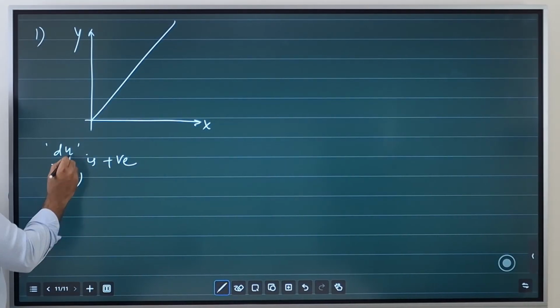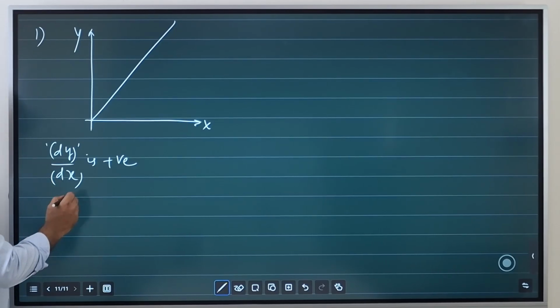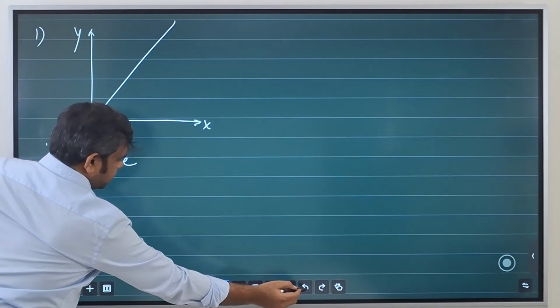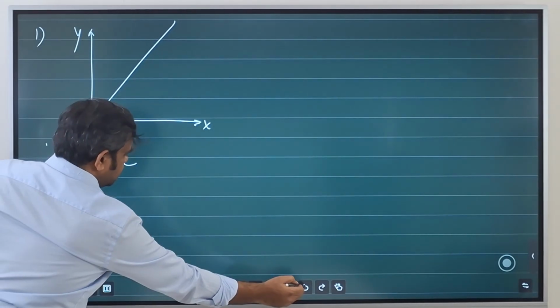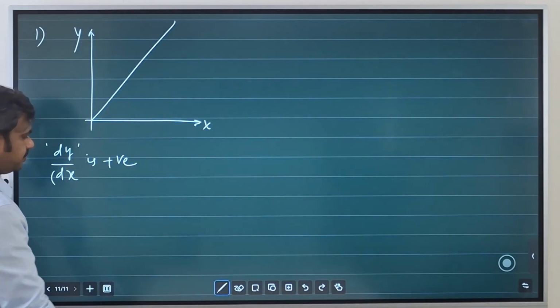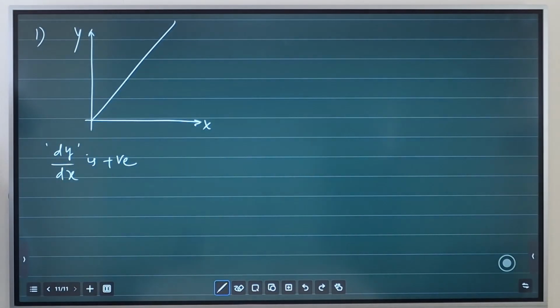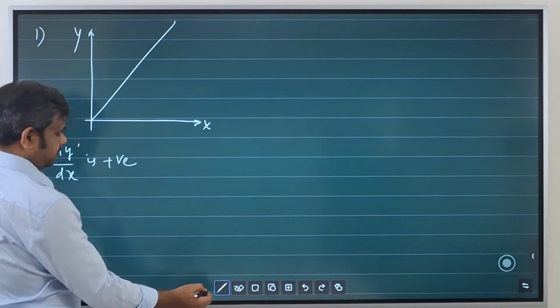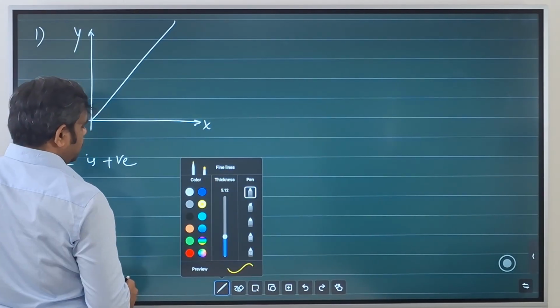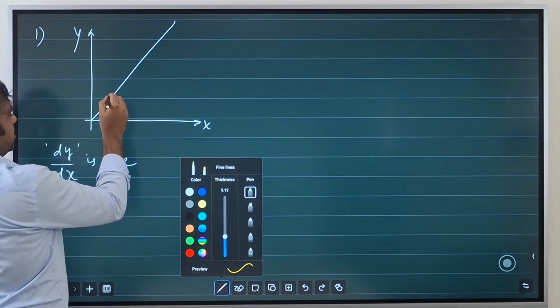When change in x is positive, change in y is also positive. X increases, y also increases. So slope is positive. Okay. Now what is happening to the slope?